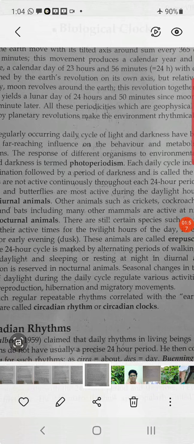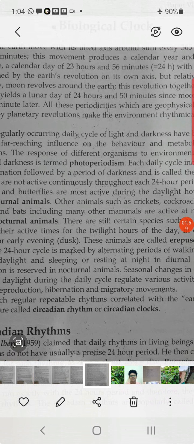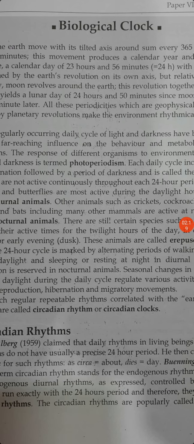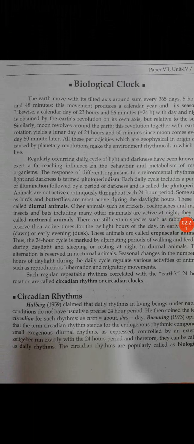See, once again, I am repeating this sentence. So that means we make some changes as per the environment changes. Whatever our response to our environment of light and darkness is termed as photoperiodism.